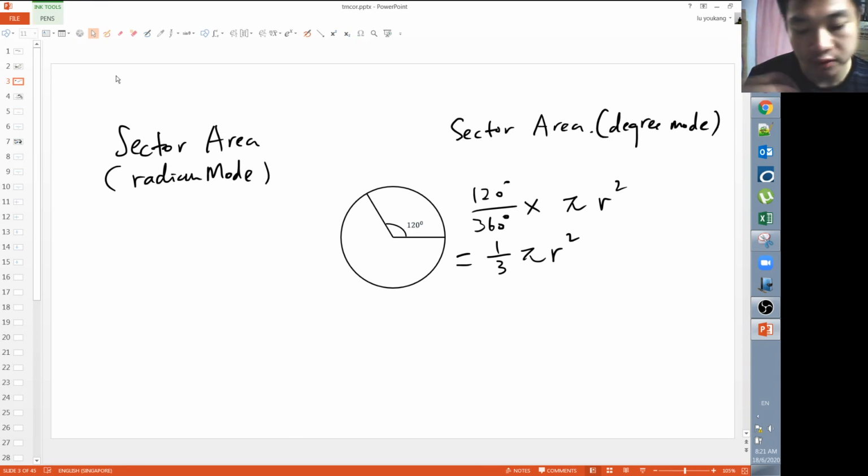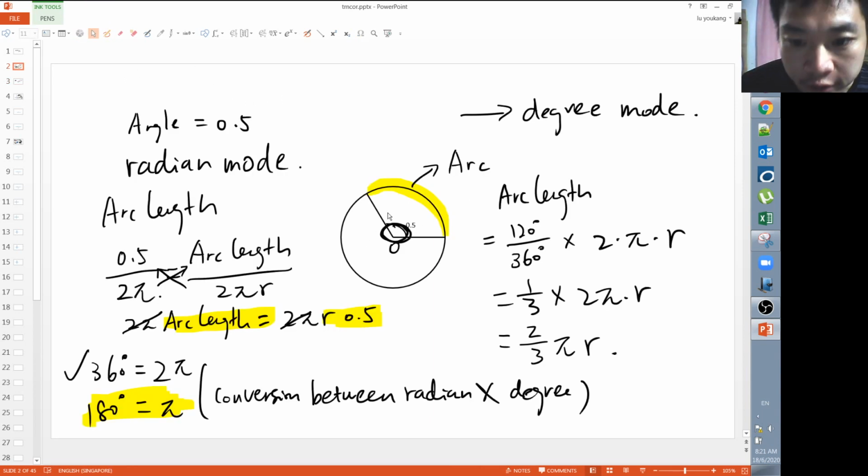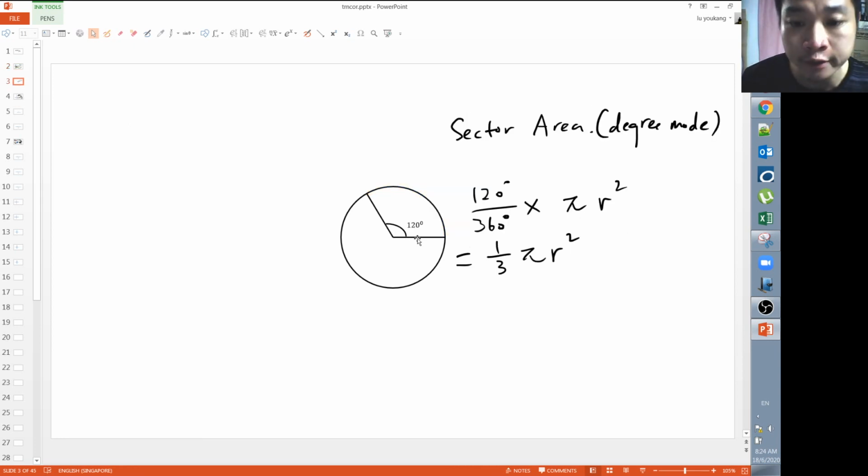By the way, for the previous question, I didn't do a conversion for 120. I simply put 0.5 as the angle in radian mode. So please take note. But over here, let me do a conversion of 120 to radian mode. So 120 degrees is equal to how many pi?